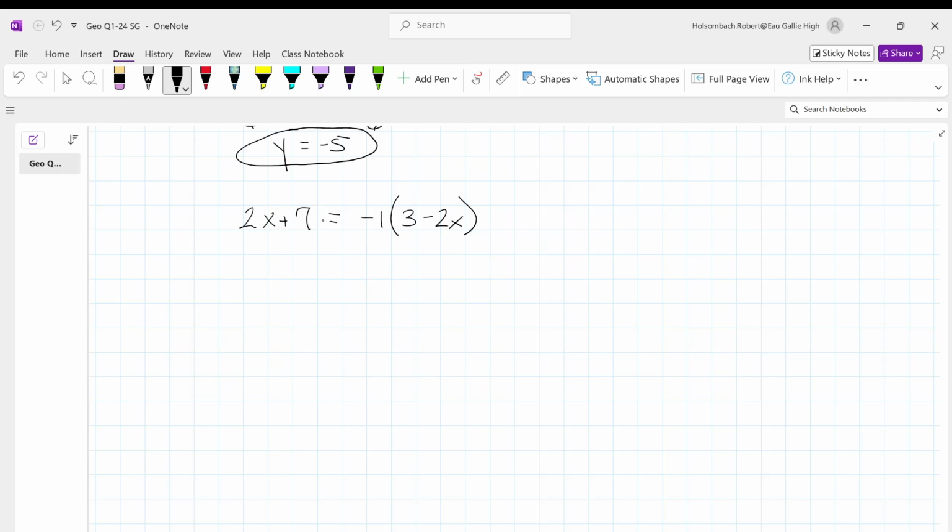All right, so the 2x plus 7 on the left-hand side stays the same. And we get negative 1 times 3 is negative 3. And then negative 1 times negative 2x, and that would be positive 2x.